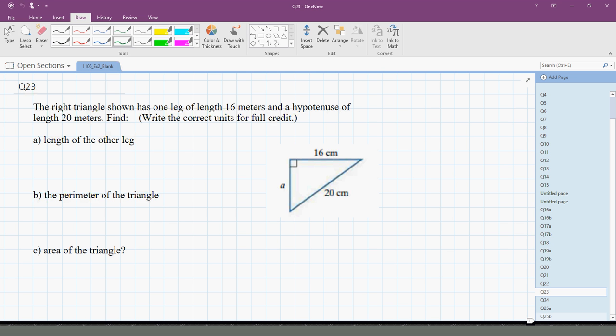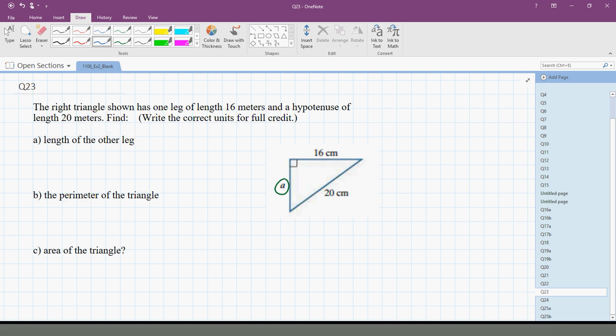All right, so here we got 3 questions going at once. And question A will basically flesh out what we have to do for B and C. Okay? So question A says we're basically going to find the length of the other leg. So the guy that we're missing. We want to know, who is this?